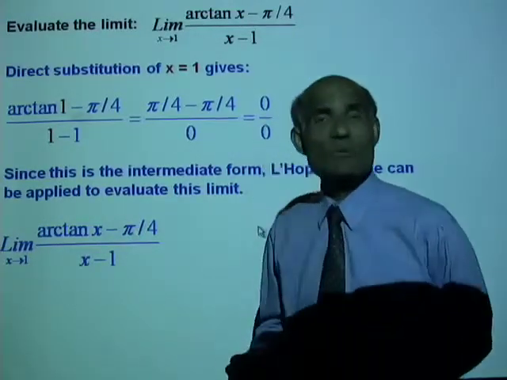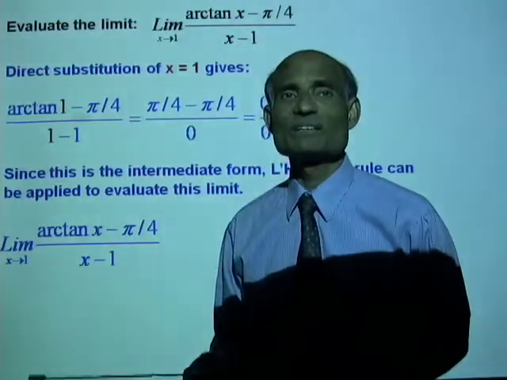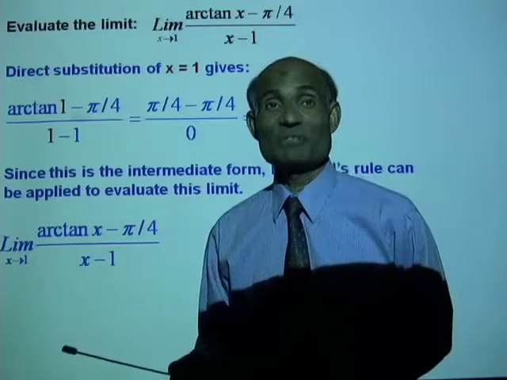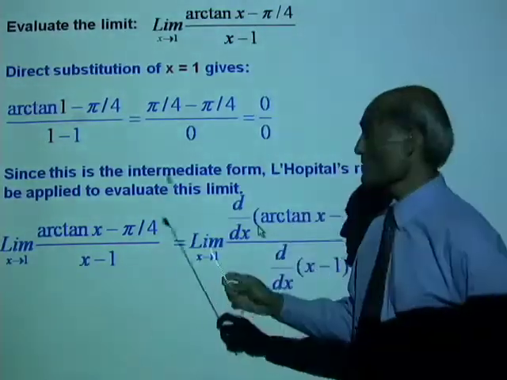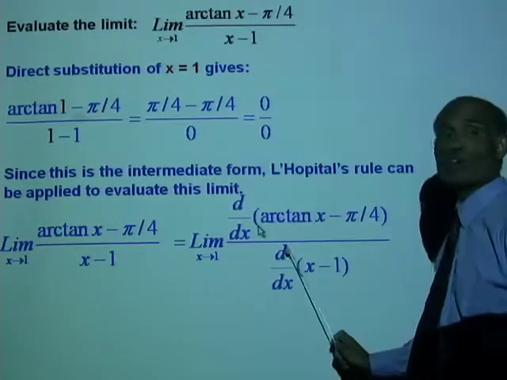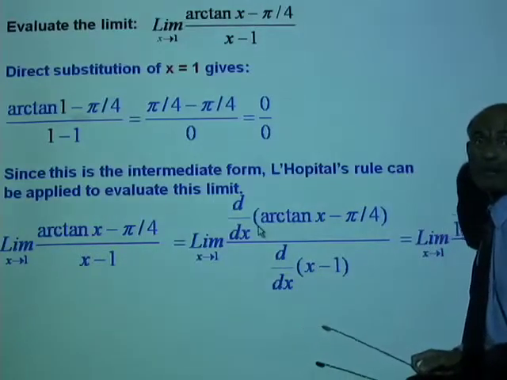Do you remember the derivative of arctan x? Yeah, that's very important to know. So that will be the derivative of arctan x minus pi by 4 divided by the derivative of x minus 1.